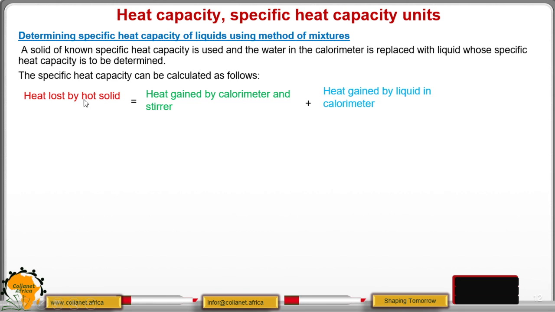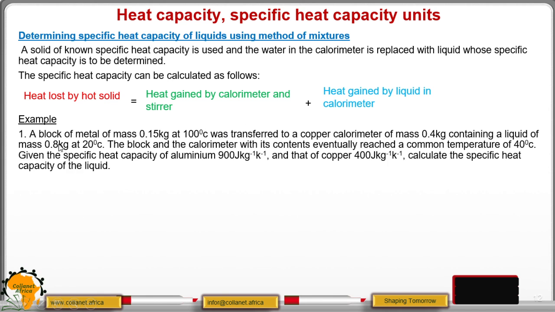We have that heat lost by the hot solid will be equal to heat gained by calorimeter and stirrer, plus heat gained by liquid in calorimeter. We have an example. A block of metal of mass 0.15 kg at 100 degrees Celsius was transferred to a copper calorimeter of 0.4 kg containing a liquid of mass 0.8 kg at 20 degrees Celsius.